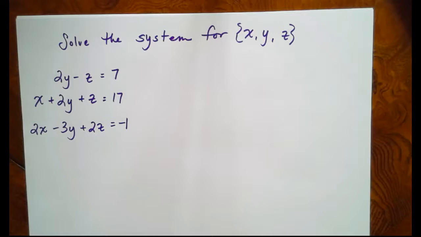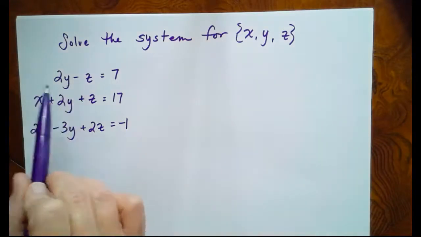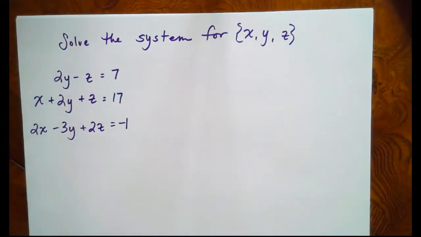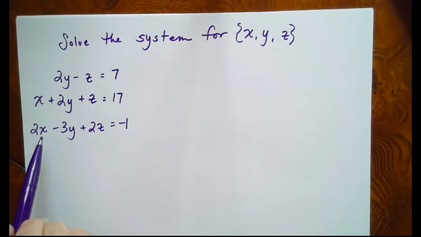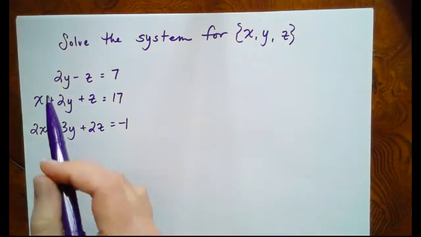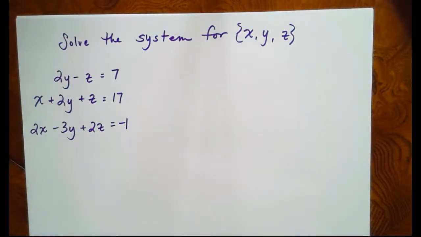So the thing that I see right away is that this first equation does not have an X value. So it would make sense to me to use equation 2 and equation 3 in order to cancel out the X's in order to get down to just Y and Z. So let's do that.